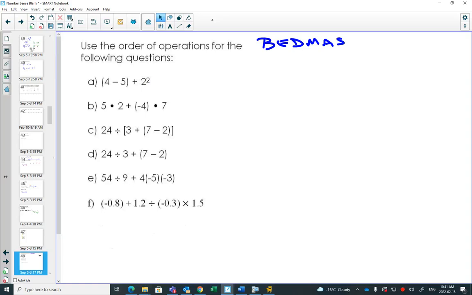But the reason the answer is 4 is if you had the number 8 and you broke it up into 2s, how many 2s would it take to add up to 8? 2 plus 2 plus 2 plus 2. You need 4 2s to add up to 8. How many 0.3s would you have to add up together before you got 1.2? 4 of them. You just did mental math with decimals. And since it's 1.2 divided by a negative 0.3, it'll be negative 4, and we still have the times 1.5.